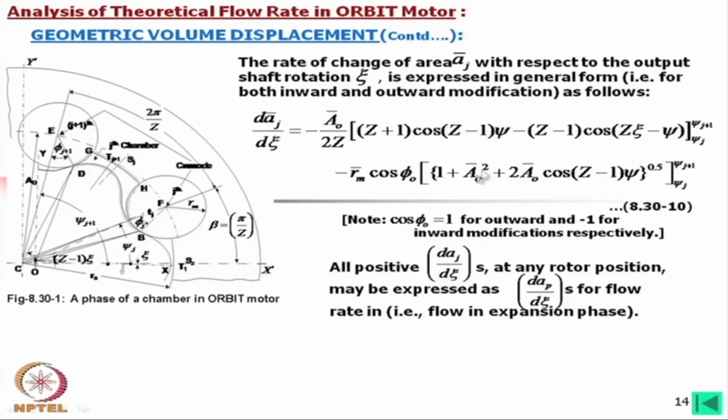Suppose at an instant we find chamber 1, chamber 2 and chamber 3 in the positive value. So, we will put these in expansion mode, and whenever we get a minus value for chambers, we will put those separately and say they are in compression mode.